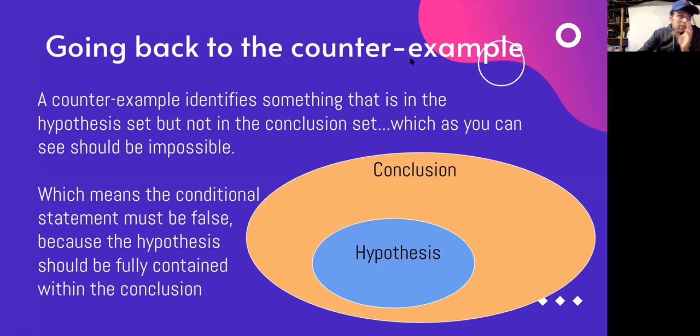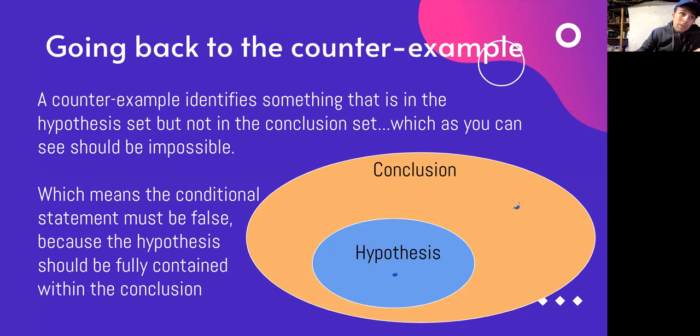All right, so again, just to really drive this in, the counterexample is a really fundamental thing we need to know, because when you're trying to decide if a conditional statement is true, you're trying to decide if there could be a counterexample. So you want something that's true for the hypothesis, but not true for the conclusion.